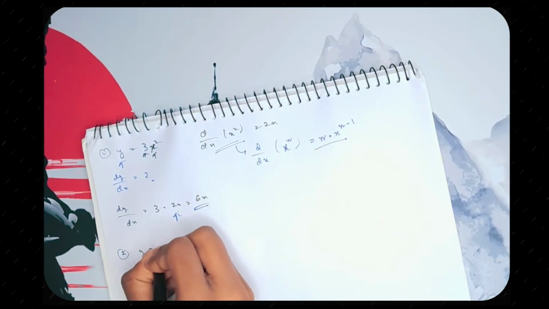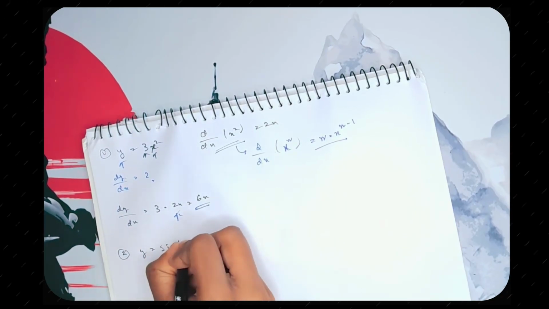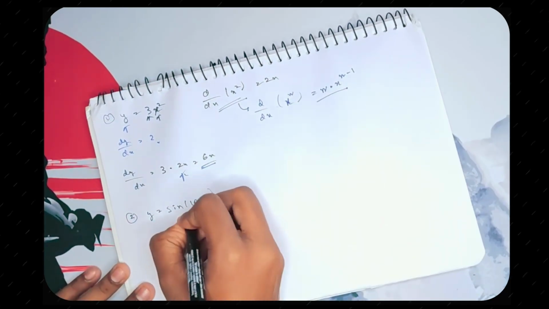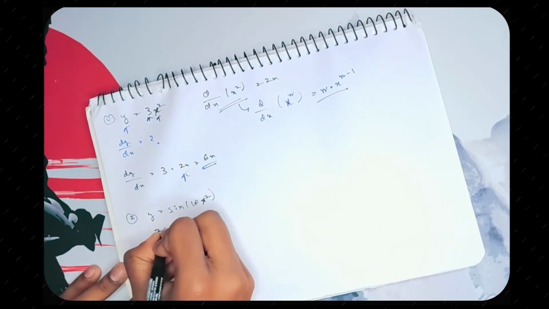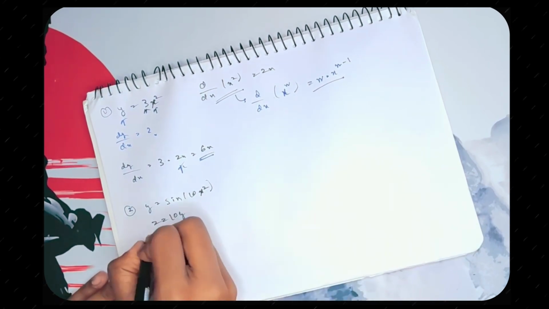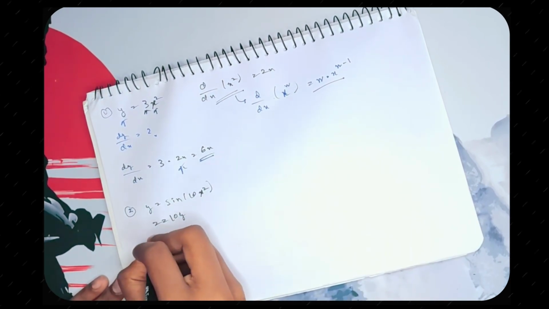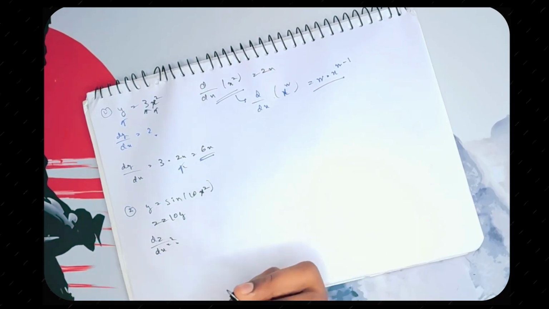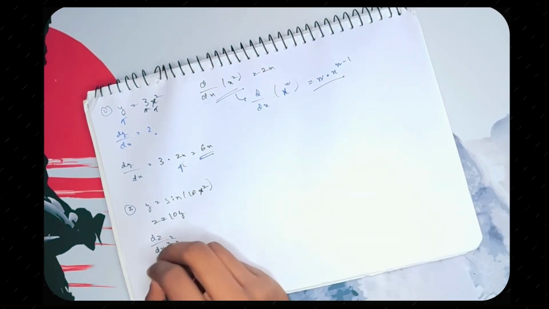So let me say y is equal to sine of 10x square, and my z is 10y. Now I want to measure dz by dx. Now what is dz by dx?